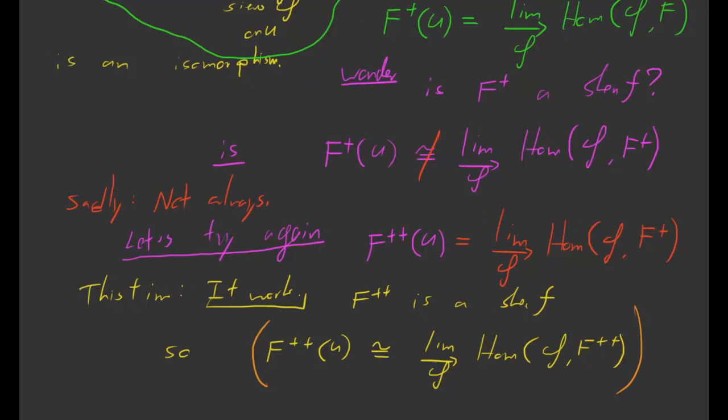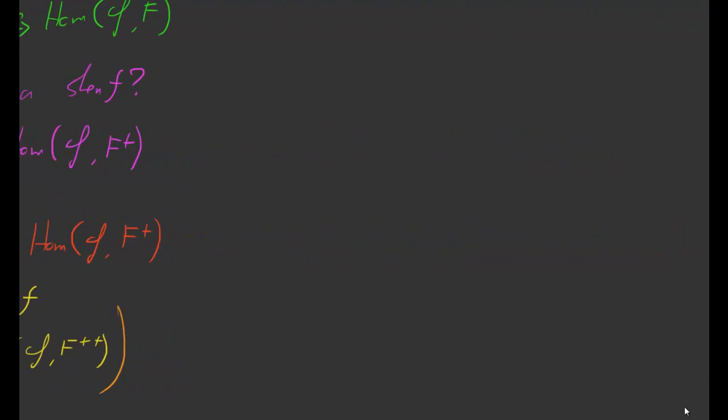Okay. So let me briefly recap and then we'll be done. The recap is that we defined this functor from O of X into O of X, and that was the plus construction.